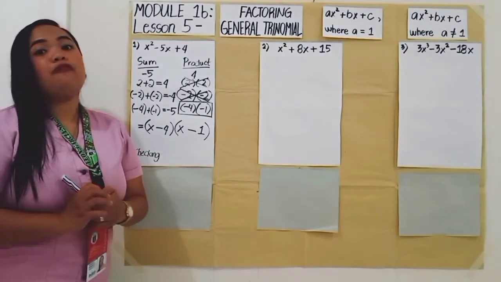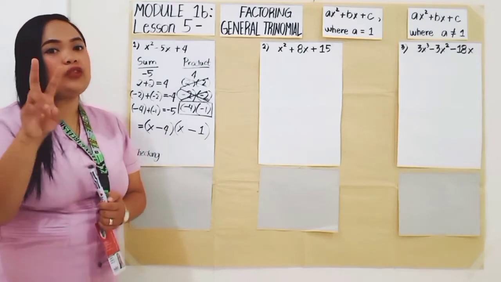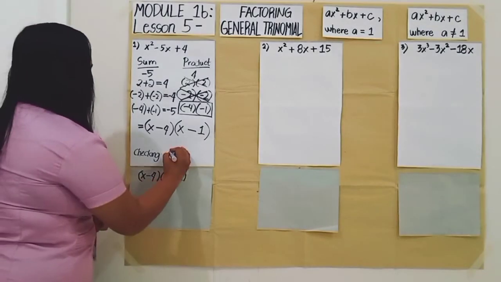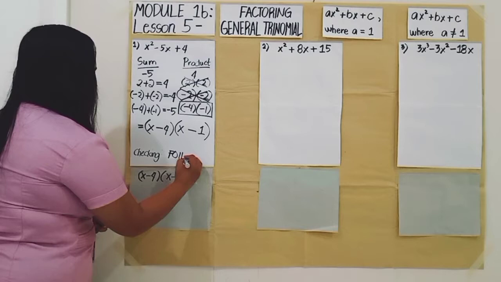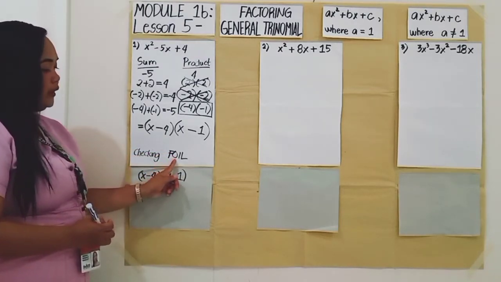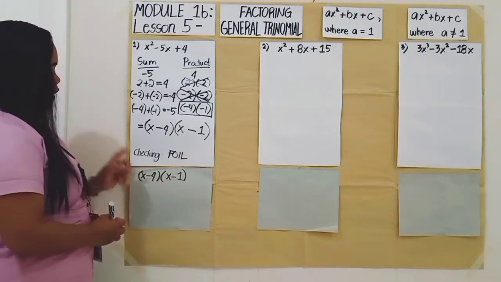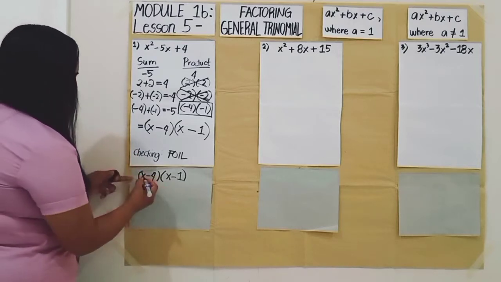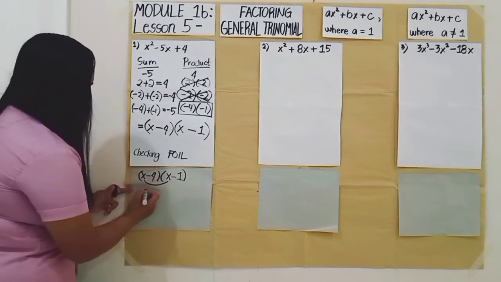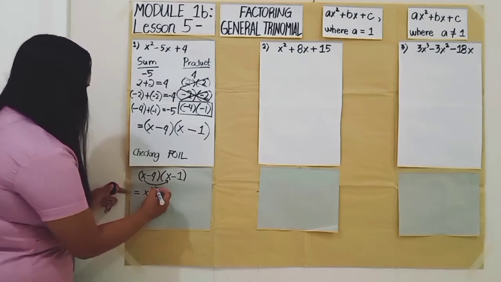To check if your factors are correct, all you need to do is to multiply the two binomials using the FOIL method. Okay? FOIL meaning first, outer, inner, and last terms. So here, if you are going to multiply the first terms, x times x, that will give us x squared.